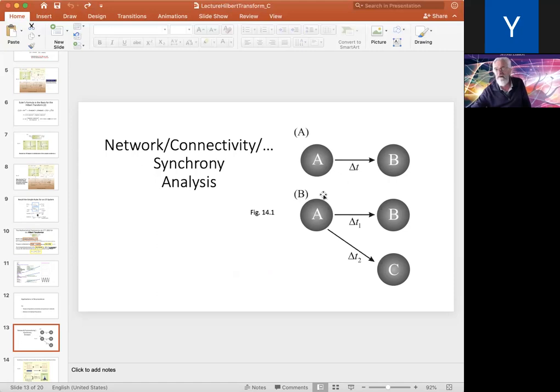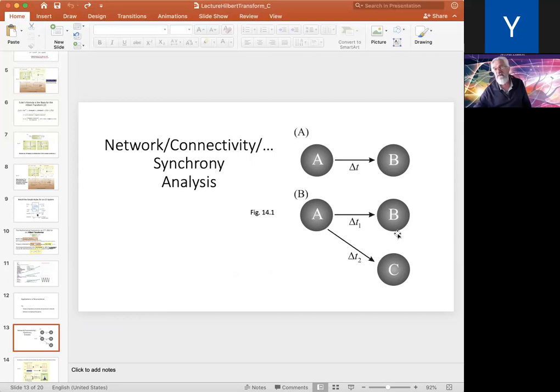And a very trivial reason is that if you have, let's say, two neurons with a delay in between there, it could very well be that there is a third neuron that is causing the activity in both. And if delta T1 is not equal to delta T2, then B and C are not going to happen at the same time. There is a delay.